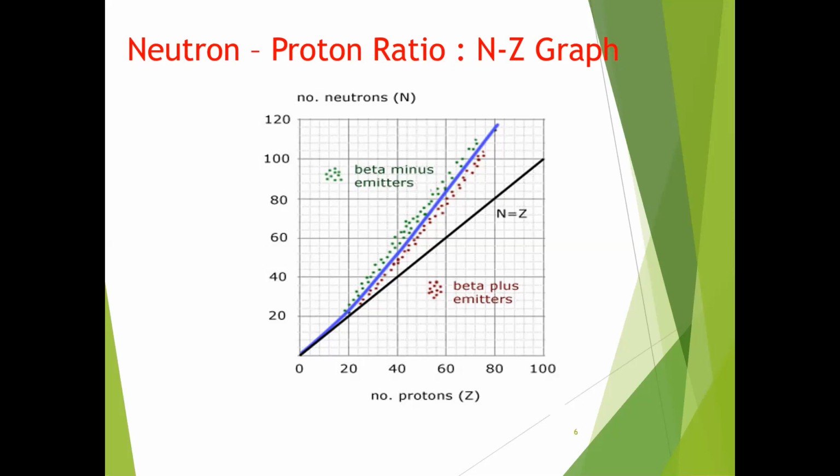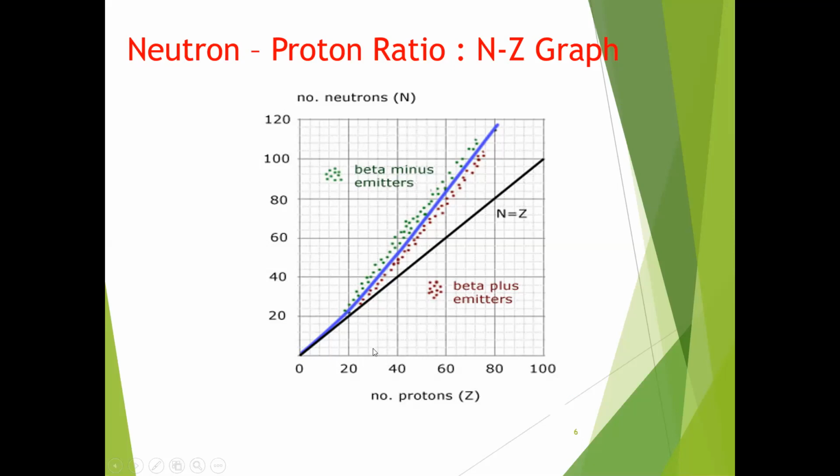After that, the unstable nuclei above the stability curve are called neutron rich. After atomic number Z equal to 20, the curve is bending towards the neutrons. This tells us that the number of neutrons is more.